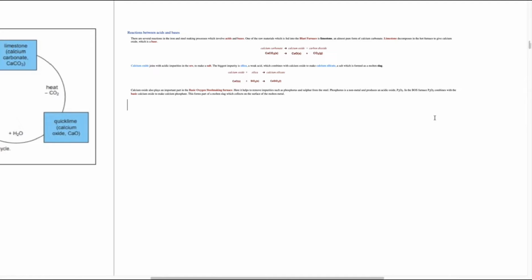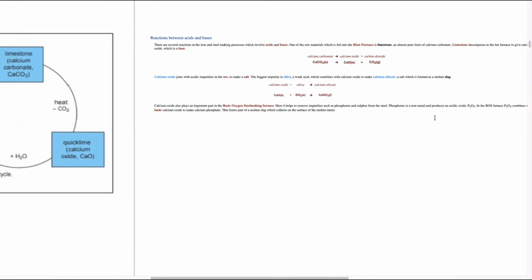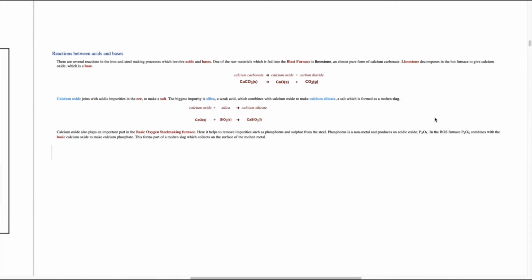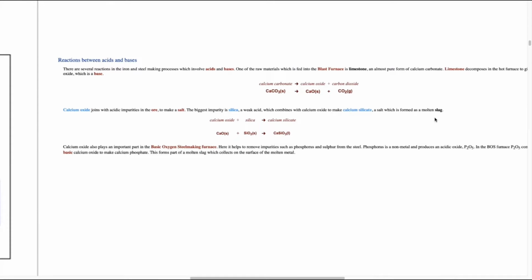So what are the impurities actually? It's ore and stuff like that. You get the iron ore from the earth, so you have sand that sticks to it. The sand is silica. So the sand that sticks to the iron ore is silica.